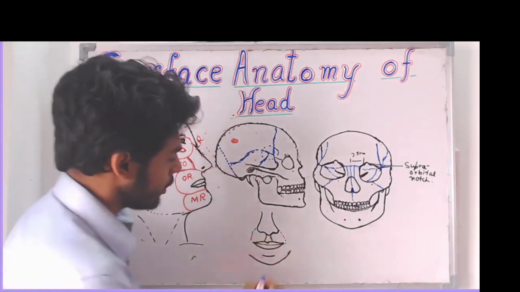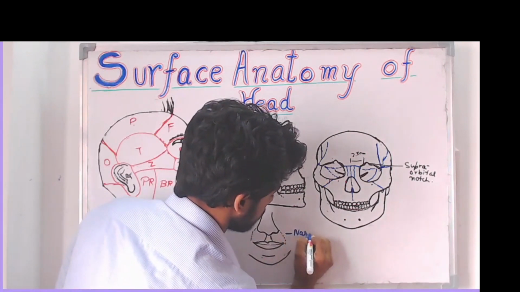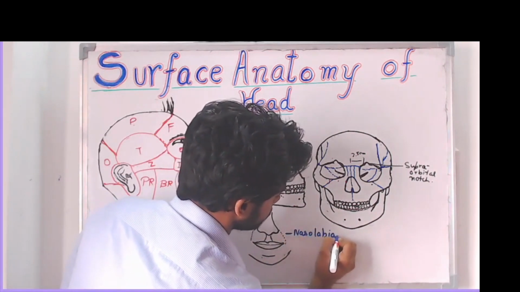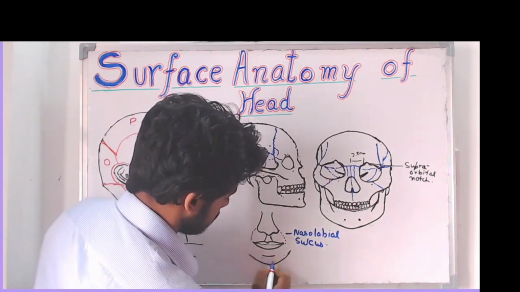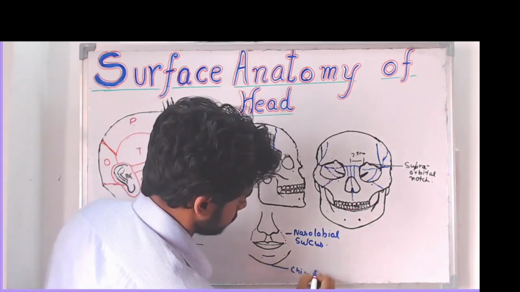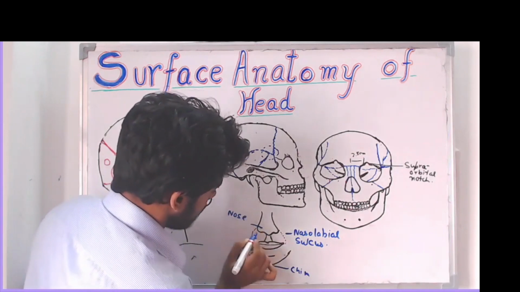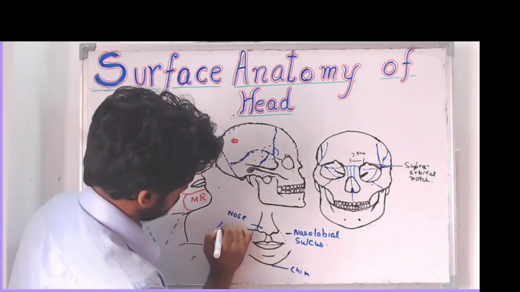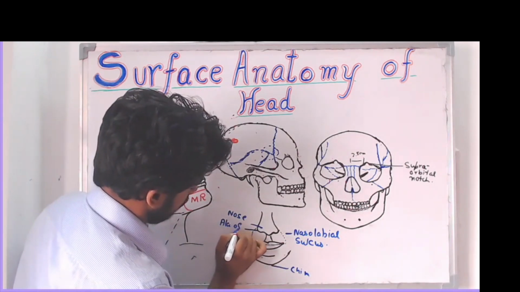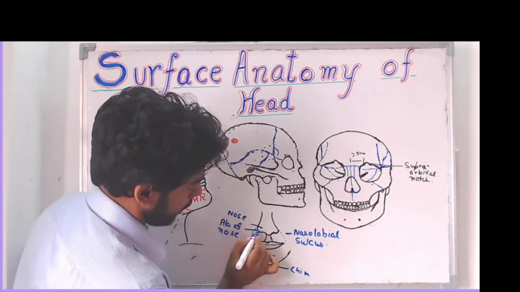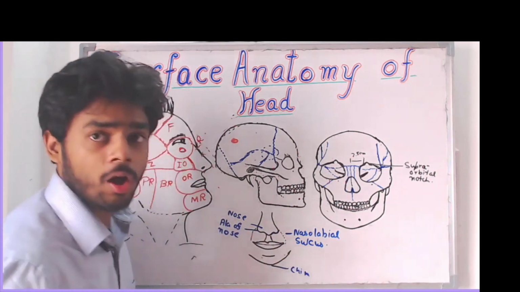This is the nasolabial sulcus. This is the chin, the nose, and this is the ala of the nose. Both sides have an ala of nose.